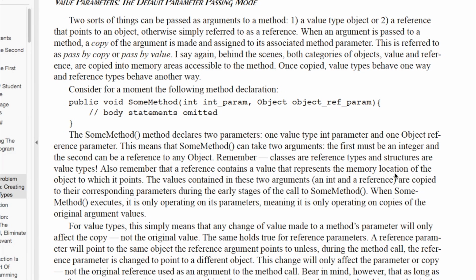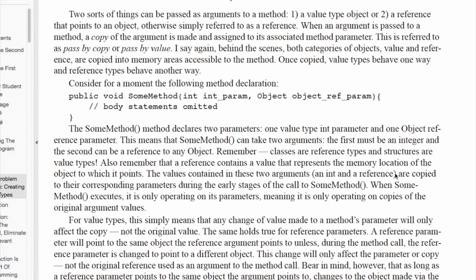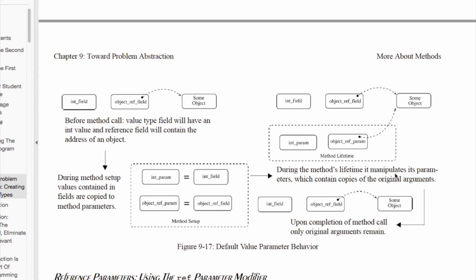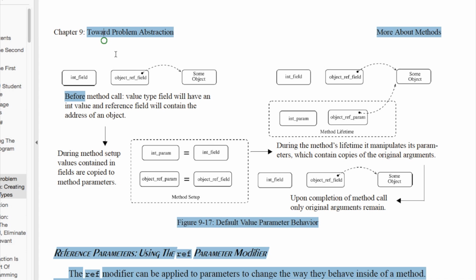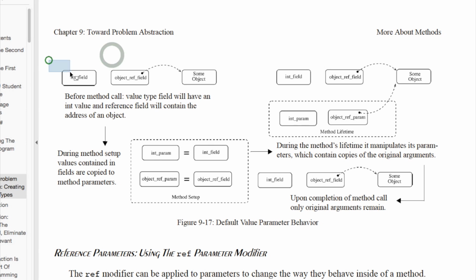So, for example, let's take a look at a diagram here. A picture's worth a million words, really. Let's say I had a field in my class, an integer field, and an object reference field, which pointed to some object, and I'm up here in the upper left corner of this diagram.